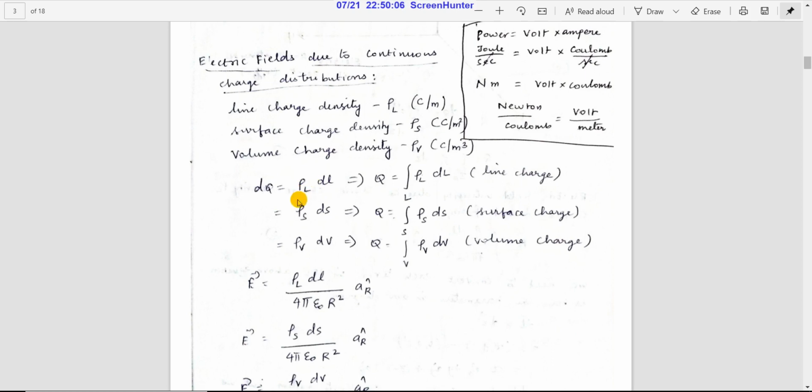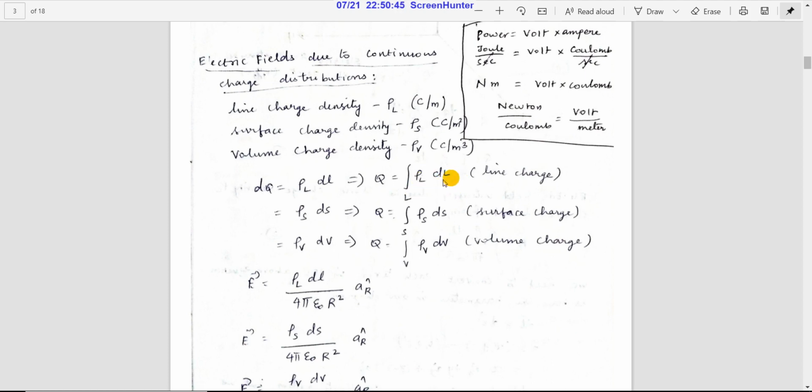The charge contained in the line, surface or volume charge density can be found from the size of those charges. For a line charge we take the differential length of that line, a differential surface for the surface charge density, and a differential volume for the volume charge density, so that the charge value is equal to the integration of rho L into dl.